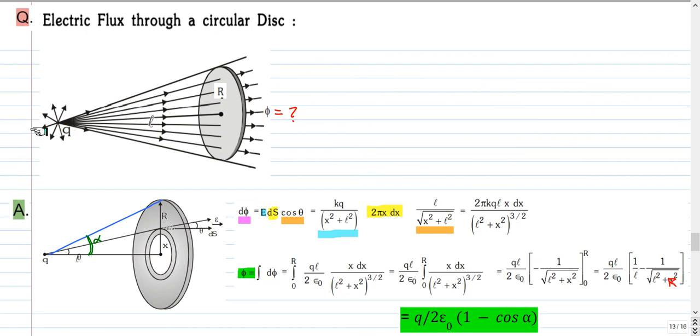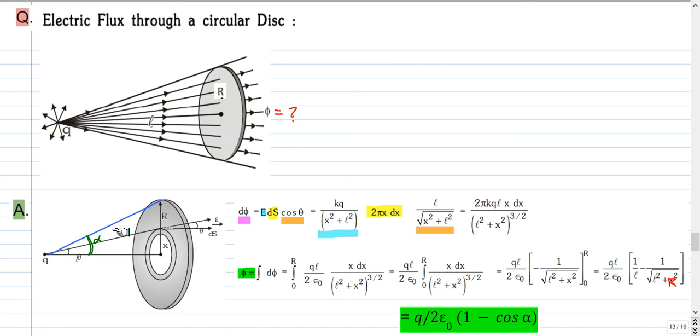So we have to take small elemental areas of this disc and find the flux passing through that area. That will be d phi, that's E dot dA, and then we have to sum the flux passing through all the elemental areas. We will take an elemental ring at a distance of radius x.